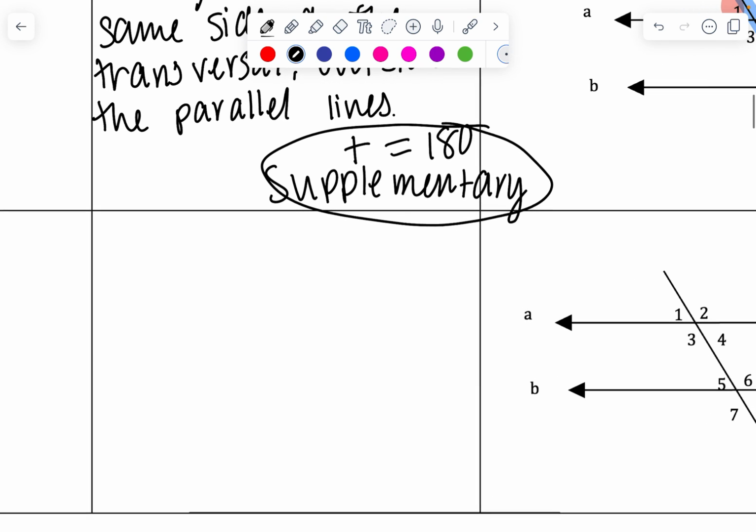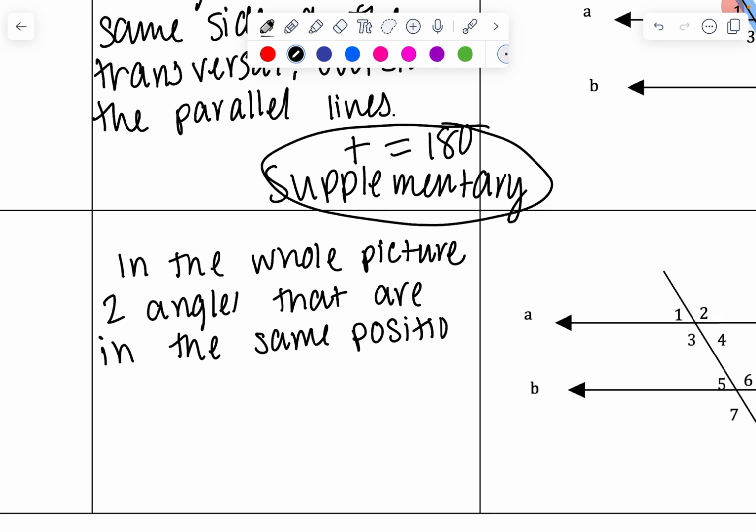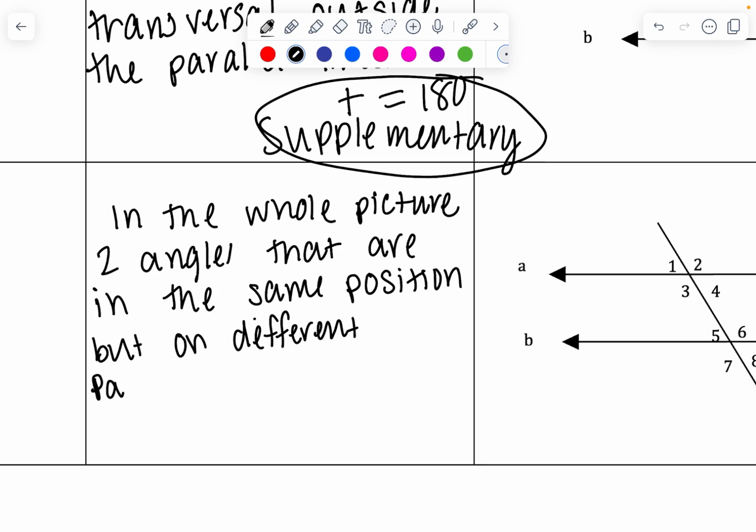So corresponding angles just means, in the big picture, these are 2 angles that are in the same place, like the same position, but on different parallel lines.